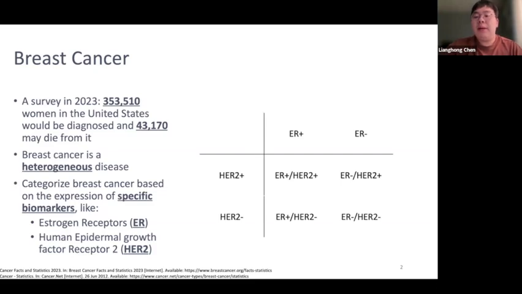On the molecular level, if we only consider two biomarkers, ER and HER2, we can categorize breast cancer into four subtypes based on their expressions, like ER positive, HER2 positive breast cancer, ER negative, HER2 positive breast cancer, and so on. In our study, we are most interested in ER positive, HER2 positive breast cancer.